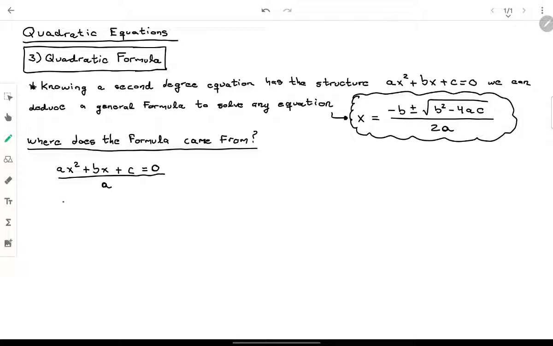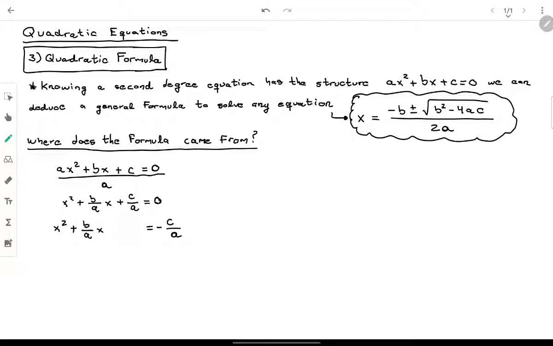So it's going to be x squared plus b divided by a multiplied by x plus c divided by a equals 0. Now we can move the independent term, the c term, to the other side. It's going to be minus c over a.